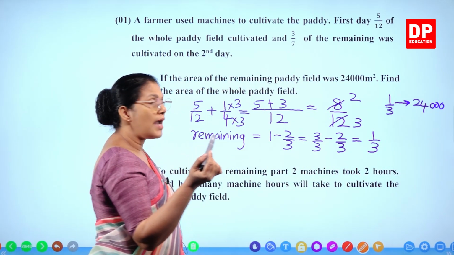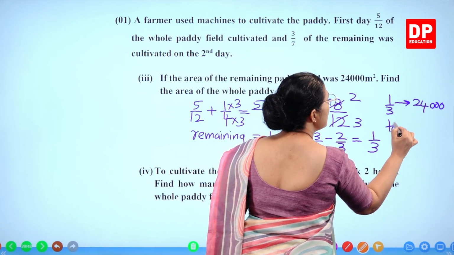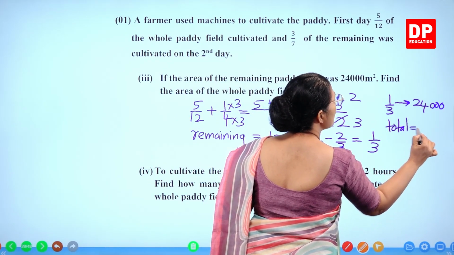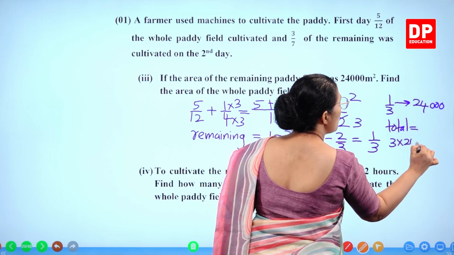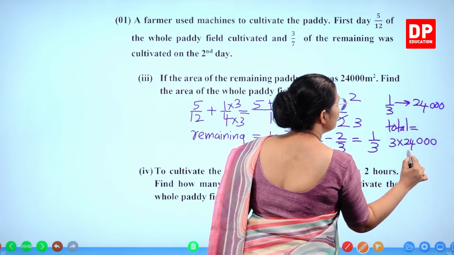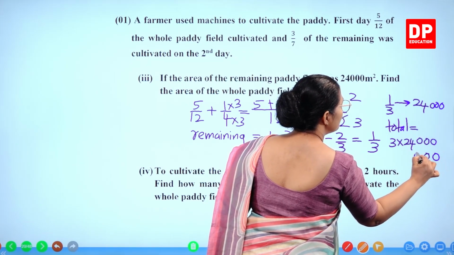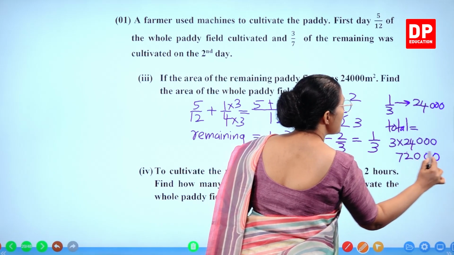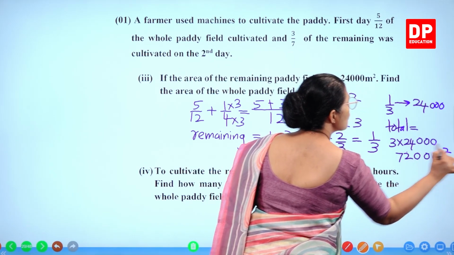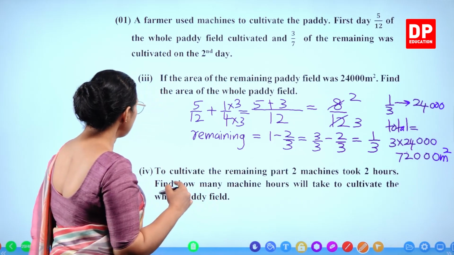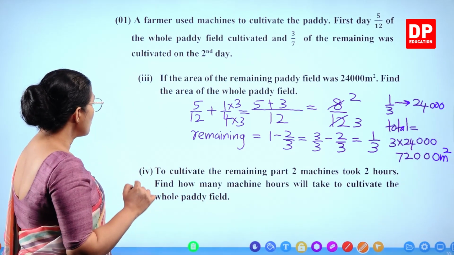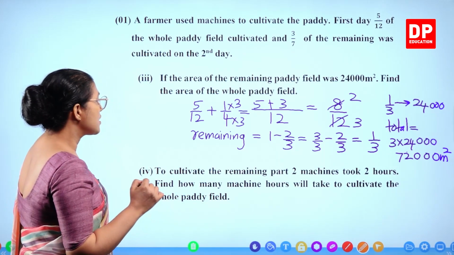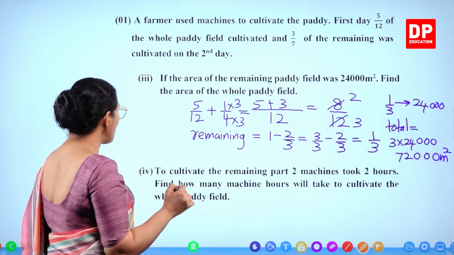You multiply by 3. So the total area becomes 3 times 24,000, 72,000 square meters.